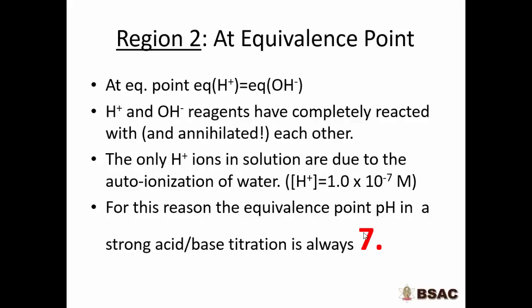Well, there's a reason for that in the titration of a strong acid and a strong base. As we'll see in a future video when we look at the titration of a weak acid with a strong base, or the titration of a weak base with a strong acid, the pH at the equivalence point is not 7. It's only conveniently 7 in this strong acid, strong base reaction.